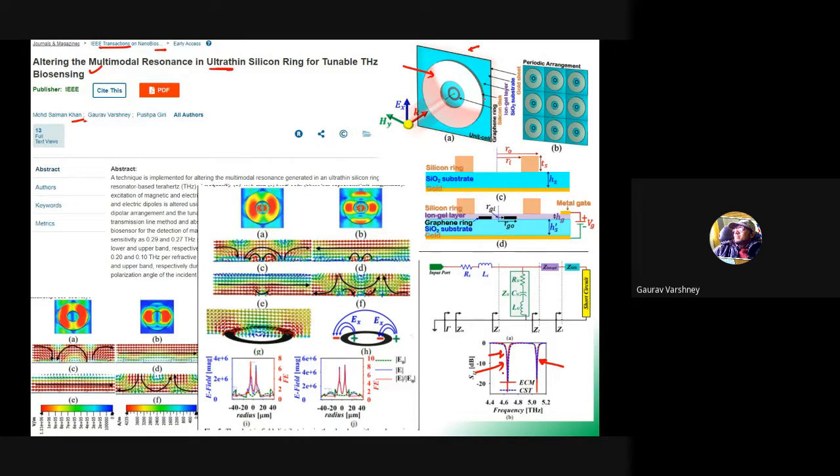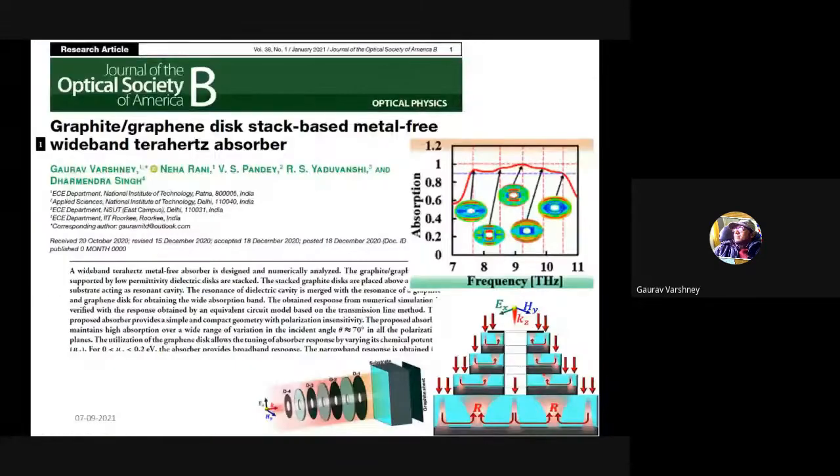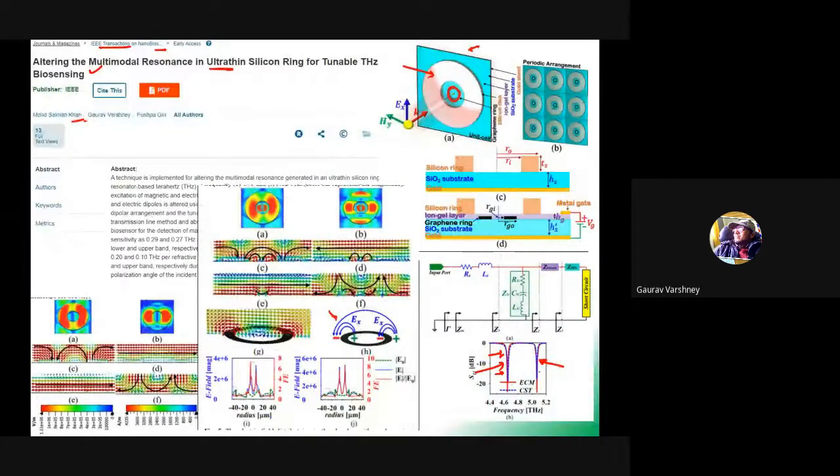When we place a graphene ring in the center of this silicon ring, we are again able to do some charge trapping physics, and then we are able to tune the frequency of the absorption spectrum. It means we can separately tune the frequency of the magnetic dipole, and separately tune the frequency of the electric dipole as well.